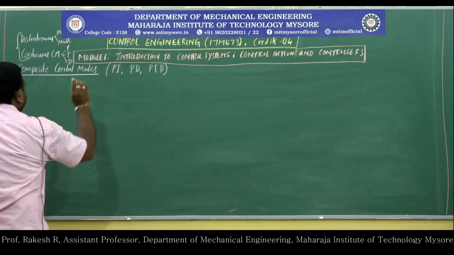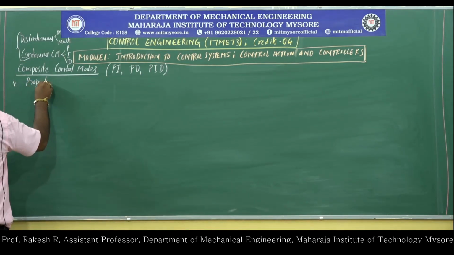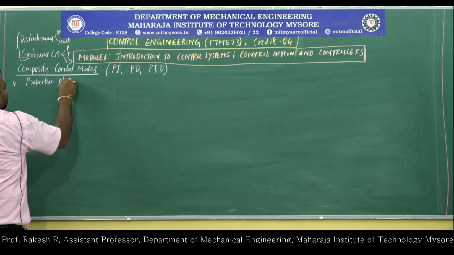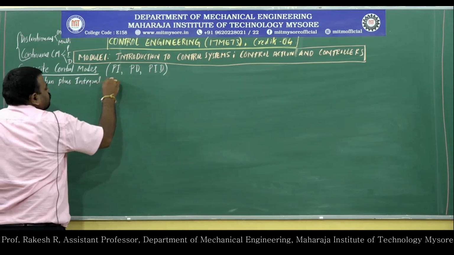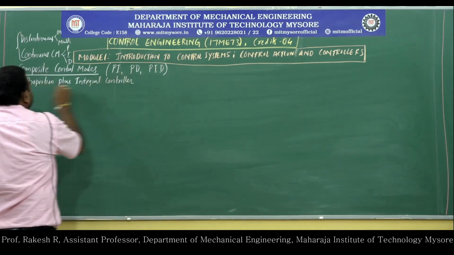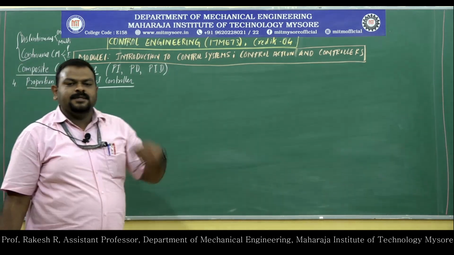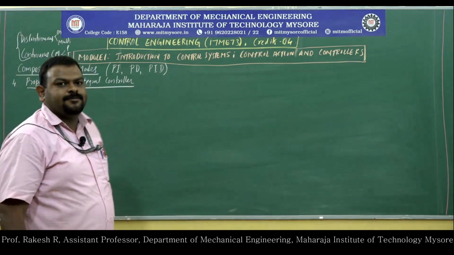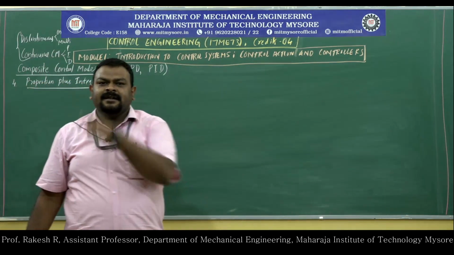So first I will take up the proportional plus integral controller. In the exam, if they ask you to explain the proportional plus integral controller, then you have to explain it in combination. You should not explain proportional separately and integral controller separately.